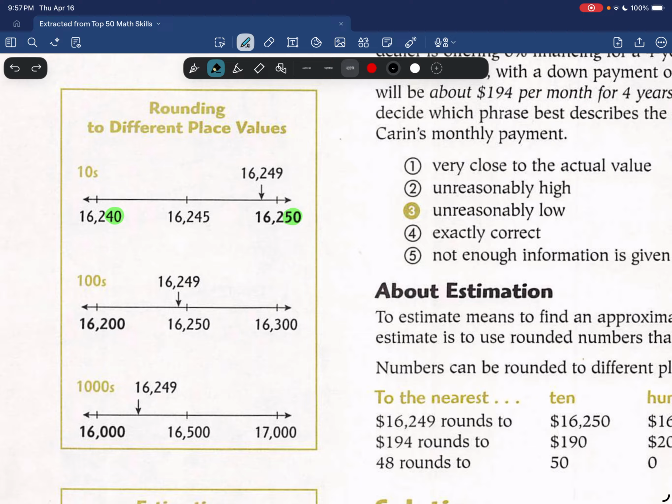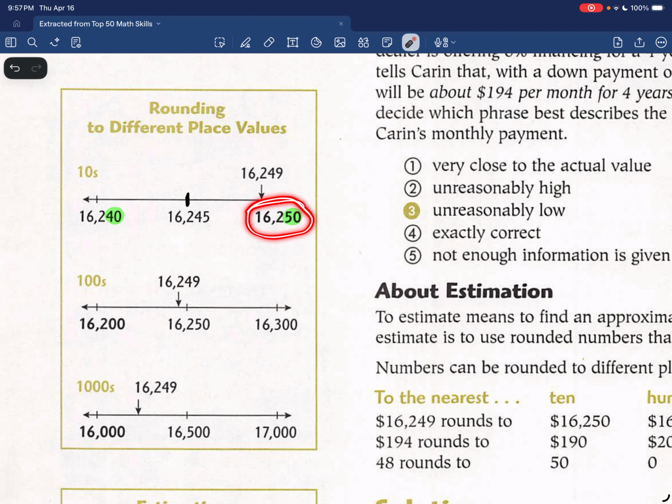So 16,245 is the midpoint between those two tens. And 16,249 is almost all the way over to this number rounded to tens.